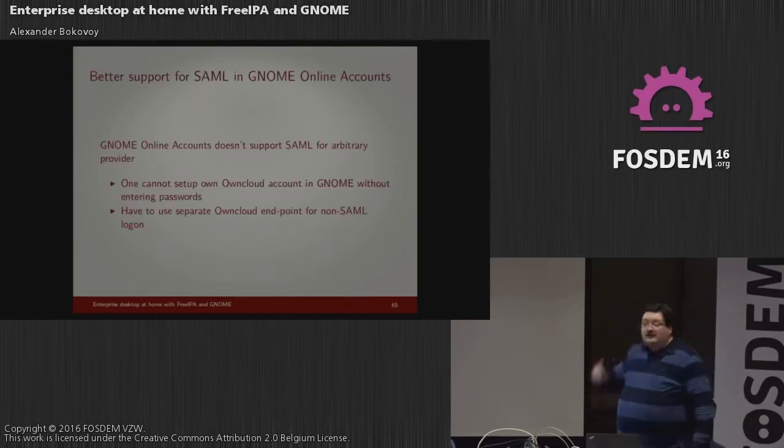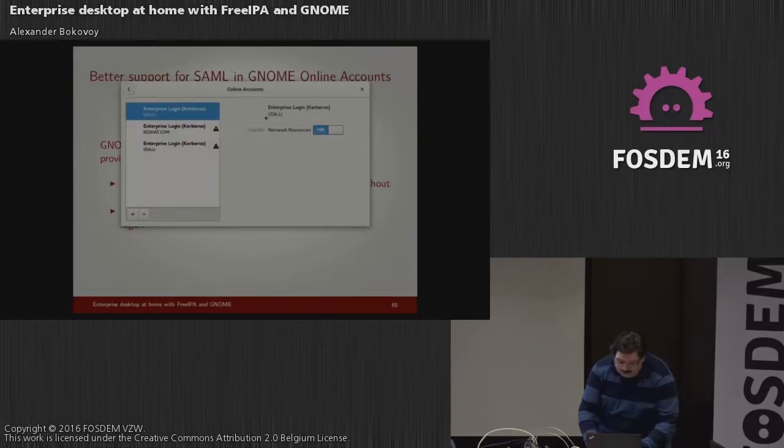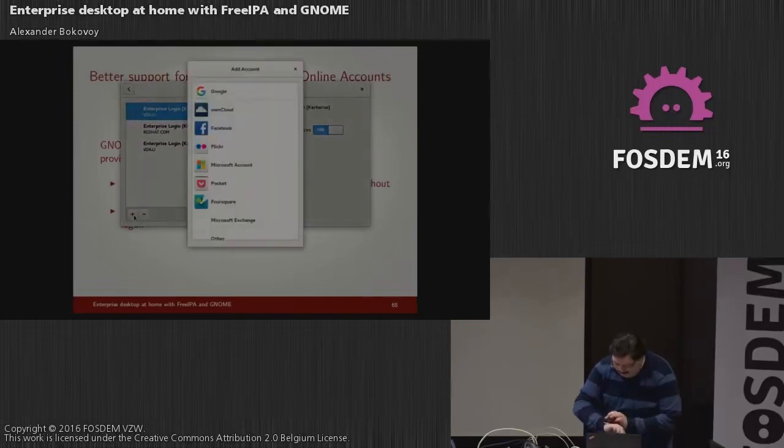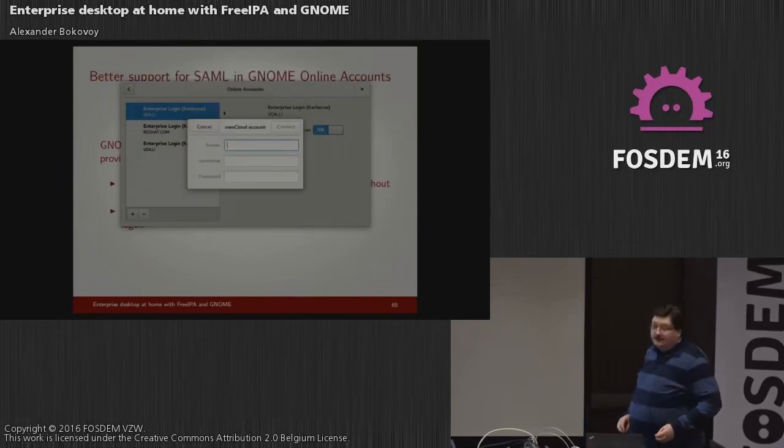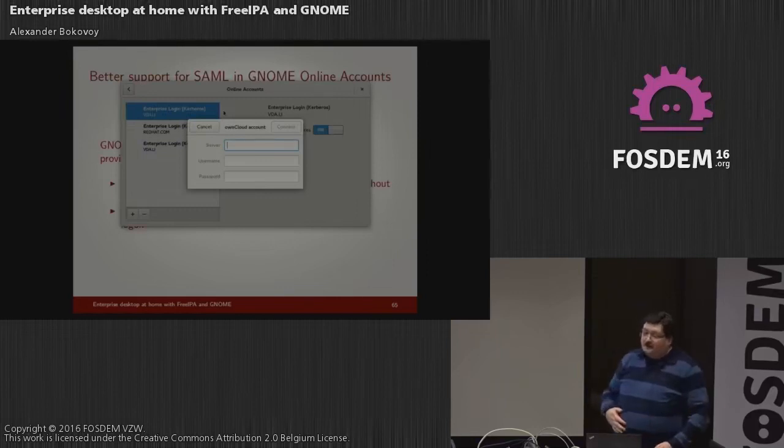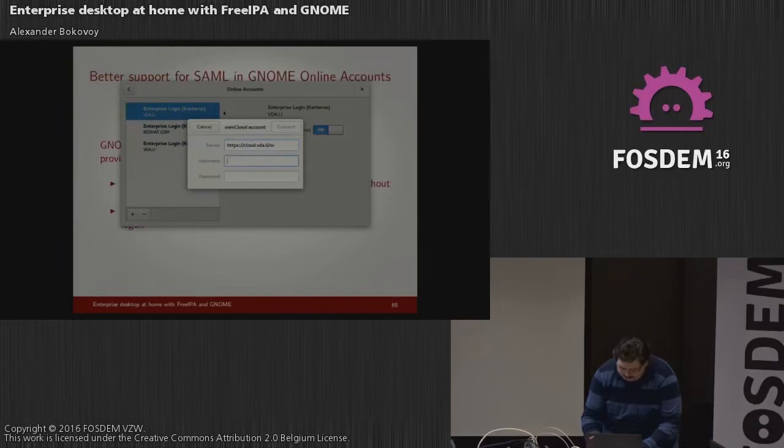Unfortunately, I cannot use the same yet in the GNOME Online Accounts. If I go here in the settings and add an ownCloud account so that I get synchronization working, you see it asks me for the password. Even if I enter all the details here, it still asks me for the password, so I cannot even proceed.